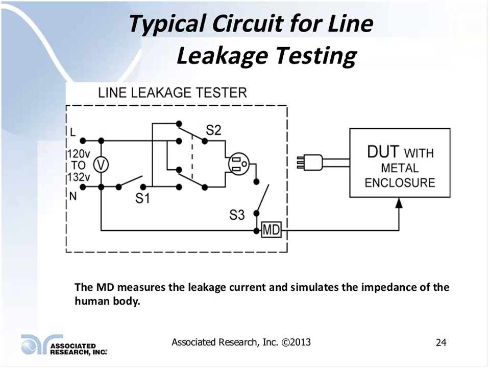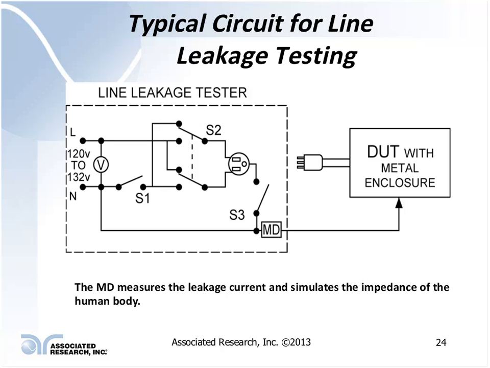S1 is on the neutral side of the line. S2 is a double pole, double throw relay that is designed to put either normal or reverse polarity into this receptacle to operate the product. And S3 will either open or close the ground circuit.